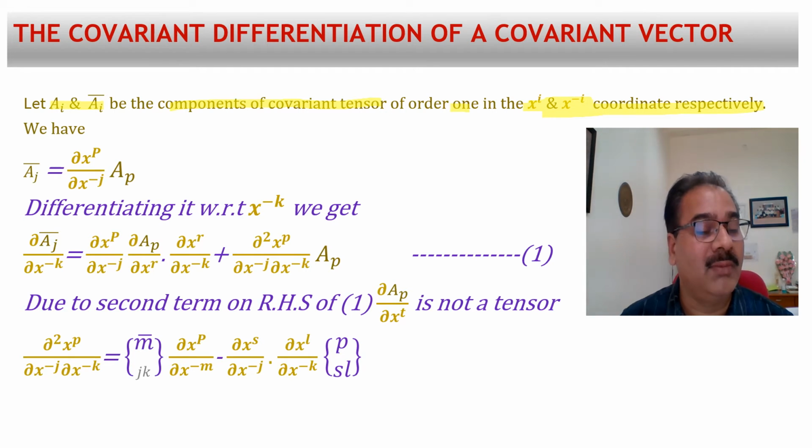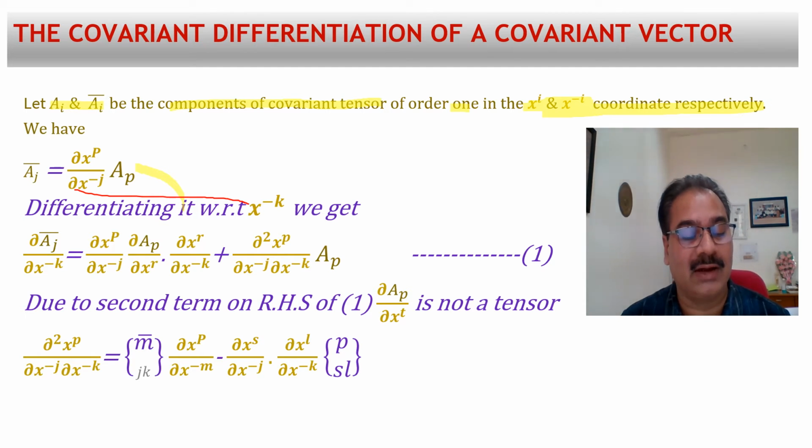Then we may express A bar_j equals del x^p over del x bar^j A_p. Differentiating this equation with respect to x bar^k, we get del A bar_j over del x bar^k equals del x^p over del x bar^j del A_p over del x^r dot del x^r over del x bar^k plus del 2 x^p over del x bar^j del x bar^k A_p. This we treat as equation number 1.